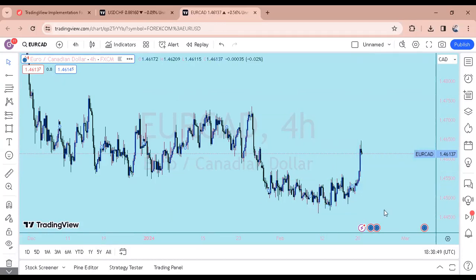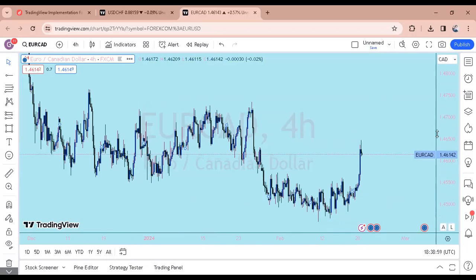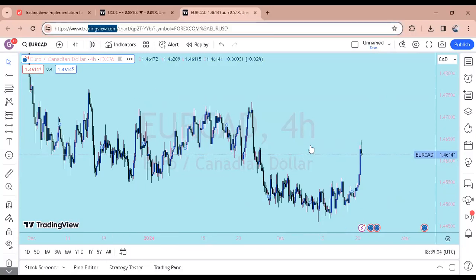But gradually, there are a lot of things I will be teaching you today. For those of you that have laptops, let's look at something now. This is called TradingView. You go to Google and type tradingview.com and it should bring this up.